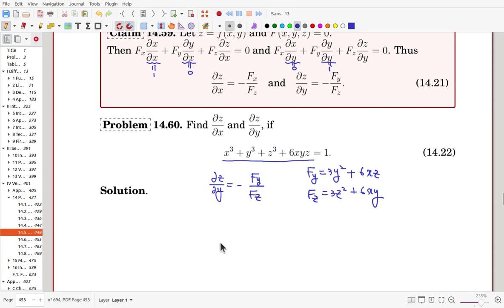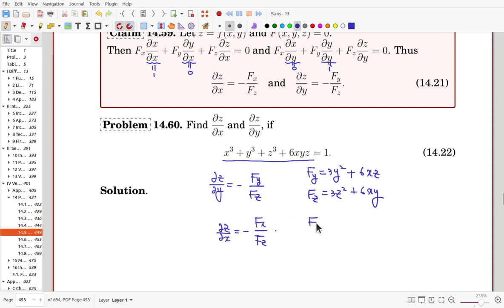Of course, for round z over round x, that is minus f sub x over f sub z. Okay, because we already have f sub z, the remaining part is this one, f sub x.